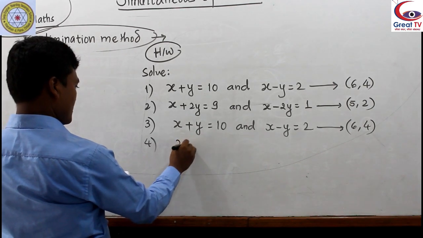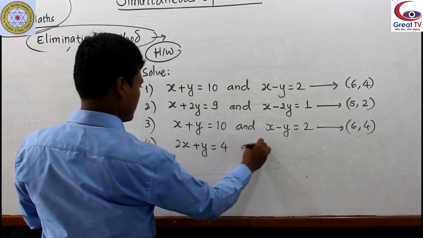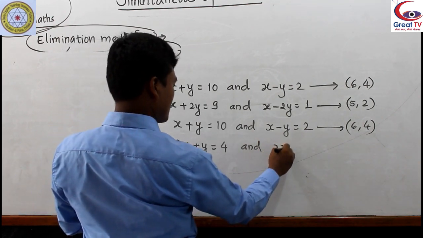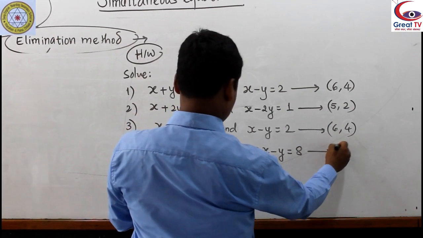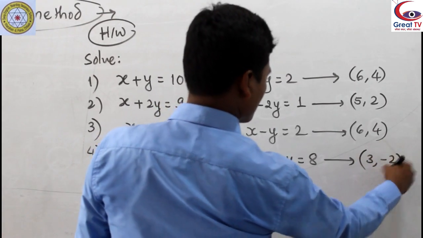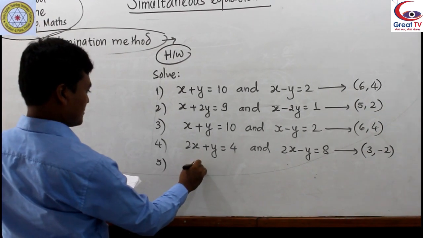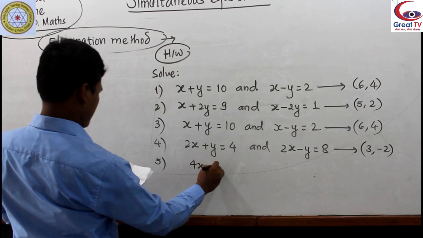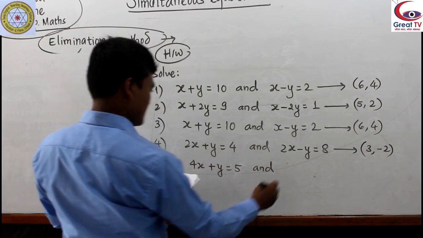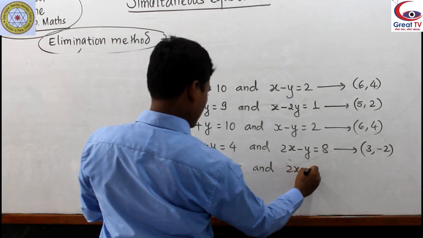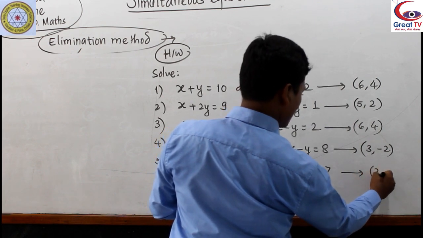Next, 2x plus y is equals to 4 and 2x minus y is equals to 8. Answers: 3 and minus 2. Next, 4x plus y is equals to 5 and 2x minus y is equals to 7. Answers: 2 and minus 3.